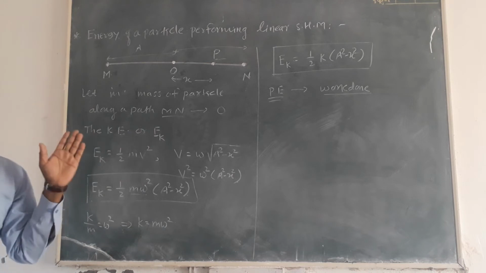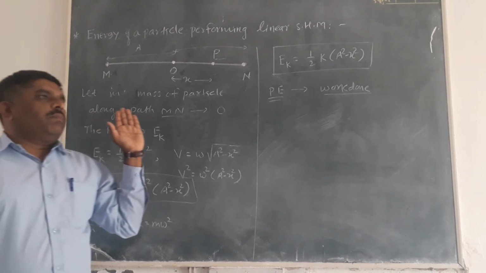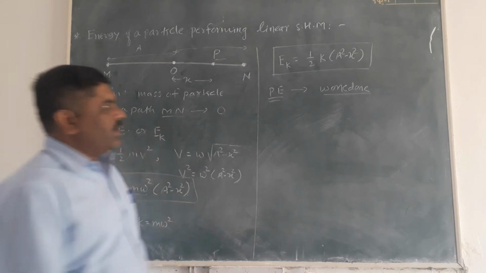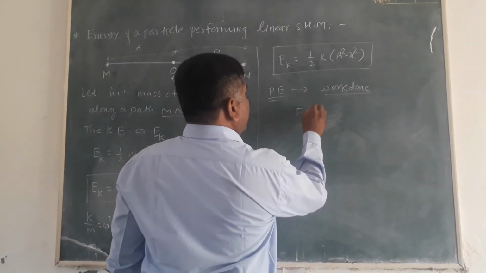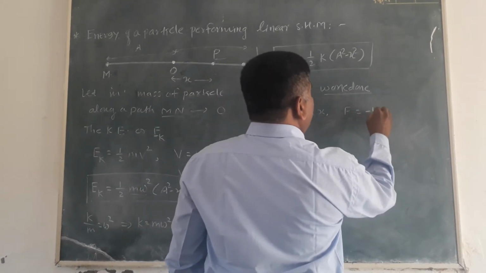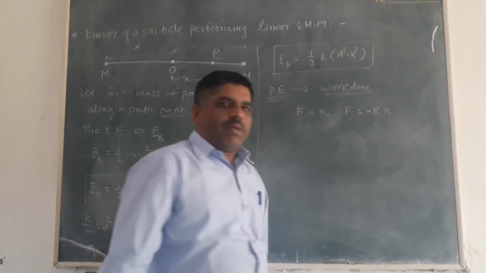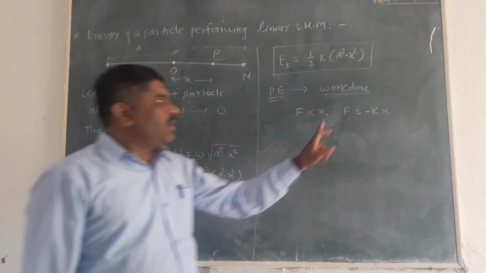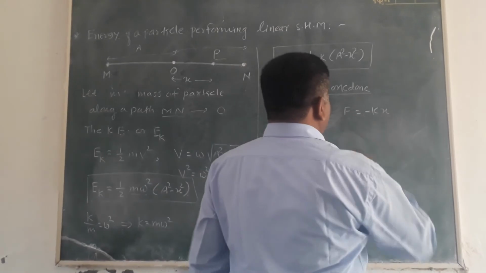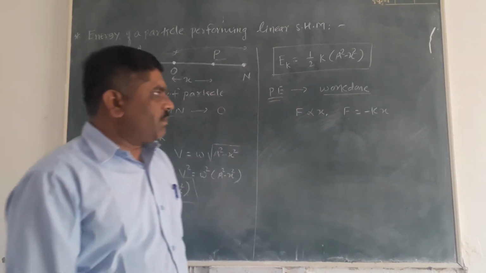We know that the magnitude of force is directly proportional to displacement. That is, F is directly proportional to x, or F is equal to minus kx, where the minus sign indicates that force and displacement are in opposite directions, and k is called the force constant.